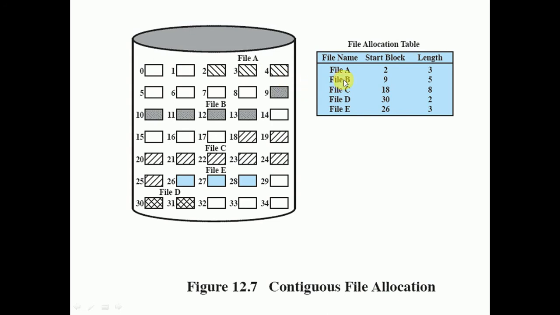And for file B, the starting location is 9 and the length is 5. So 5 continuous blocks are allocated from the 9th one: 9, 10, 11, 12, 13. That is allocated for file B. Now in this case, it follows external fragmentation, because in between, some of the blocks are freely available and we cannot use those blocks.